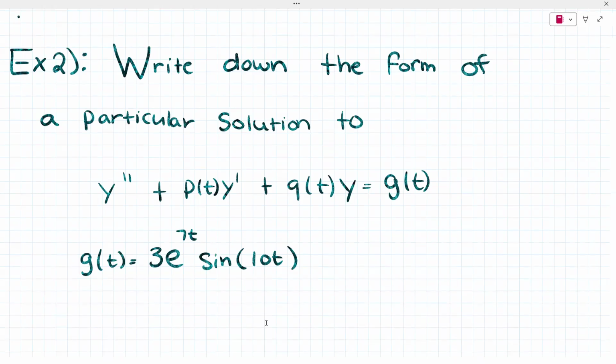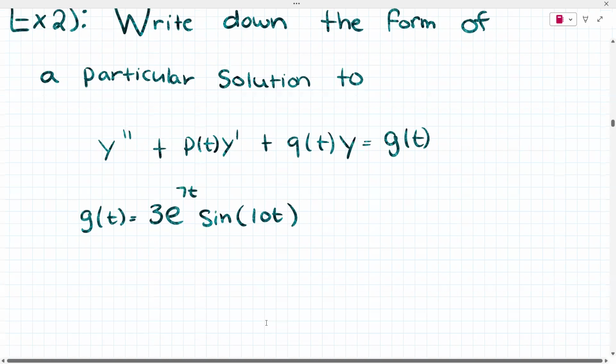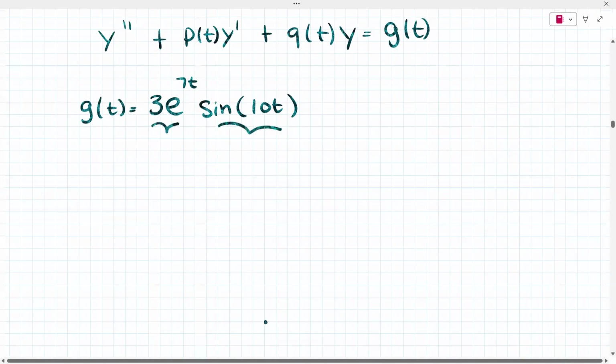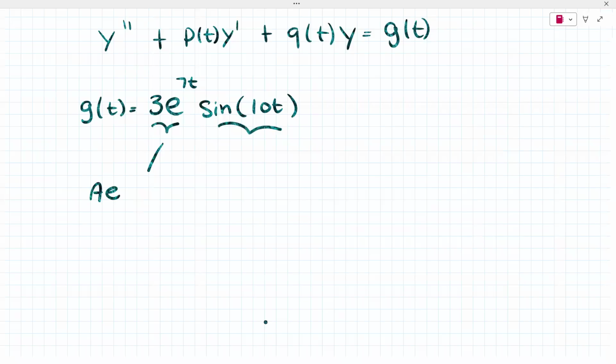So we kind of have to make a guess. We have two things. We have this 3e raised to the 7t, and then we have this sine of 10t. What do we know? Well, this is an exponential, so that's related to ae raised to the rt, so ae raised to the 7t.